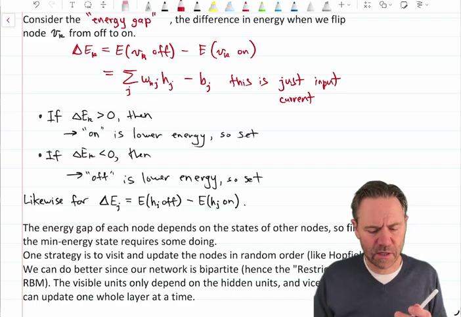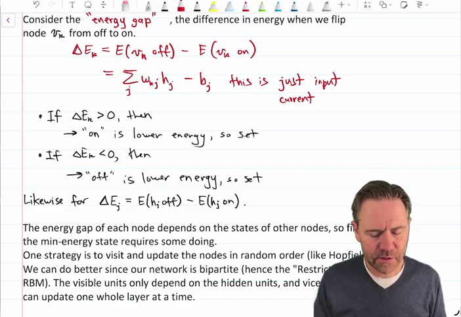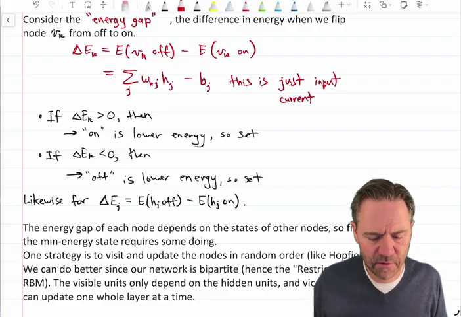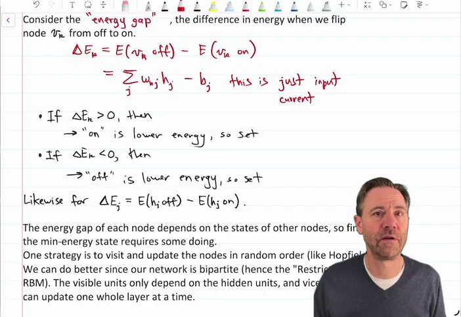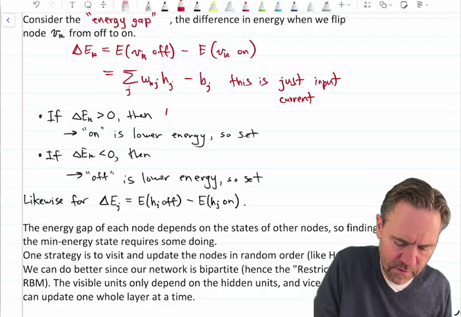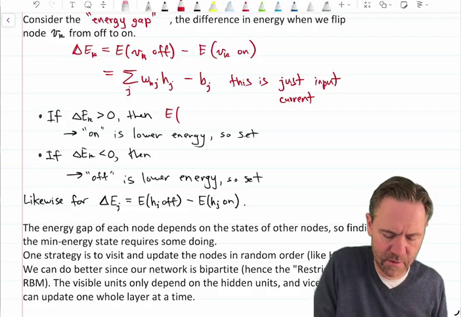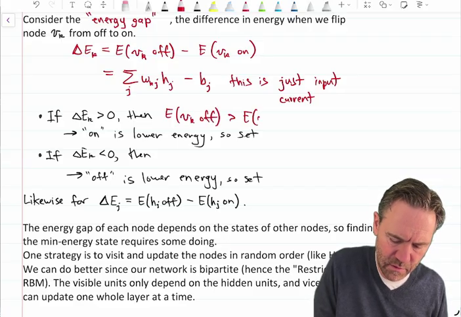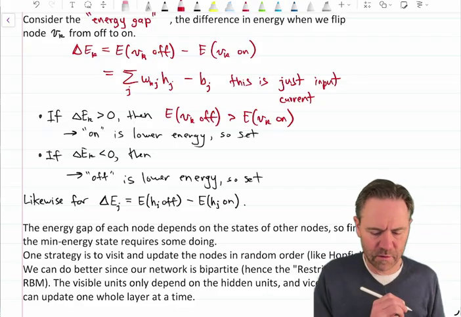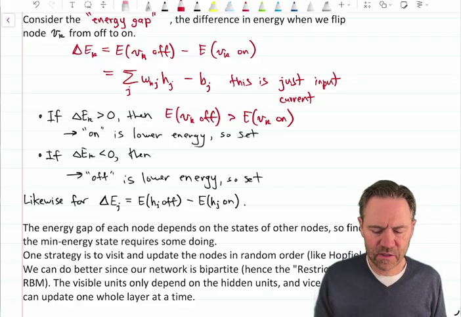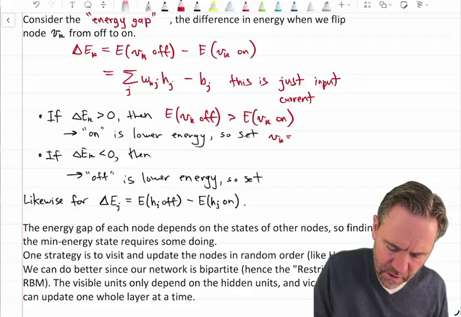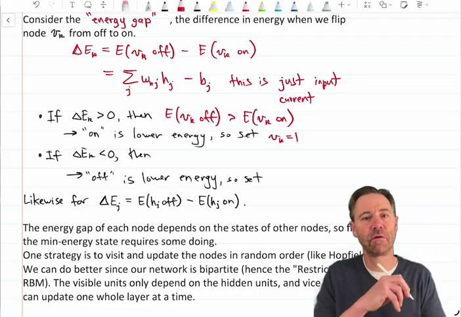Okay, so with this energy gap, if the energy gap is positive, that means the energy for V sub k being off is higher. So in other words, V sub k being on is a lower energy state. So in that case, we'd want to set V sub k equal to 1, to be on.